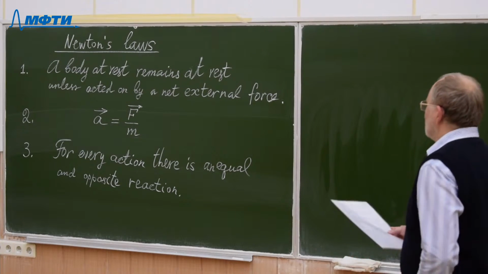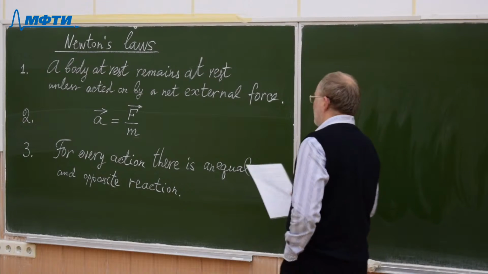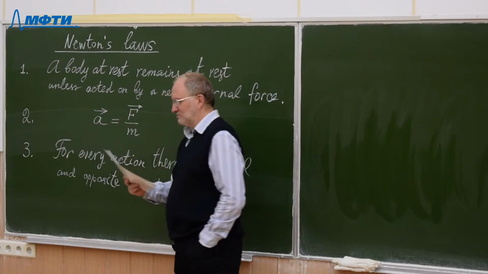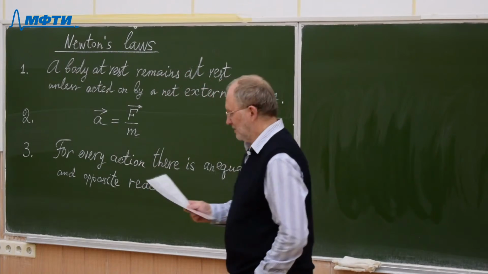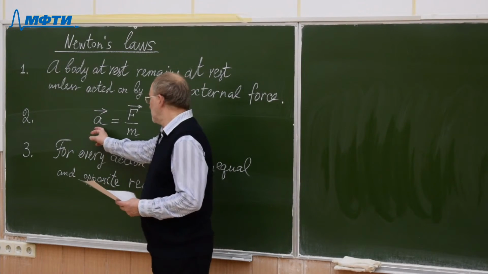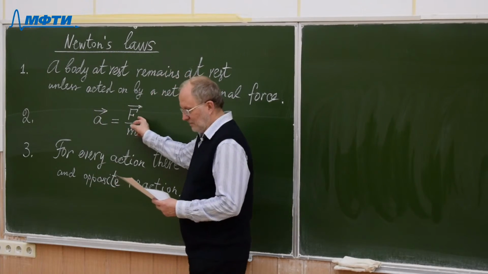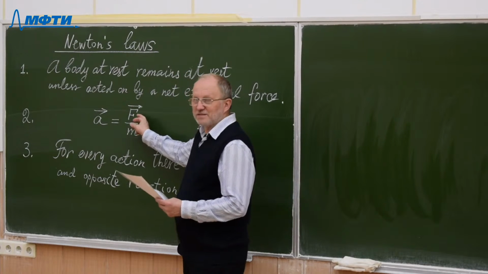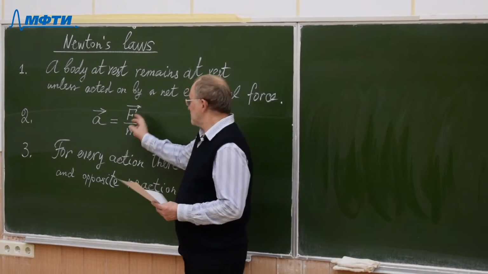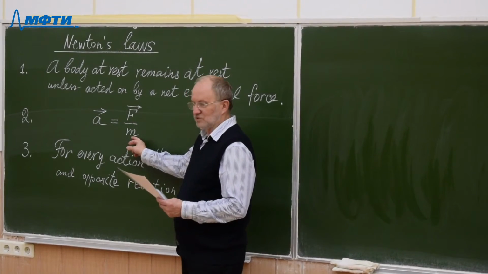And the second law, you can describe this formula using words, something like: the acceleration A of a body is directly proportional to the net external force acting on the body and inversely proportional to its mass.